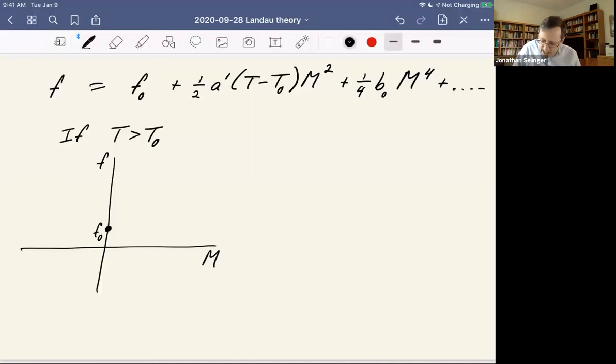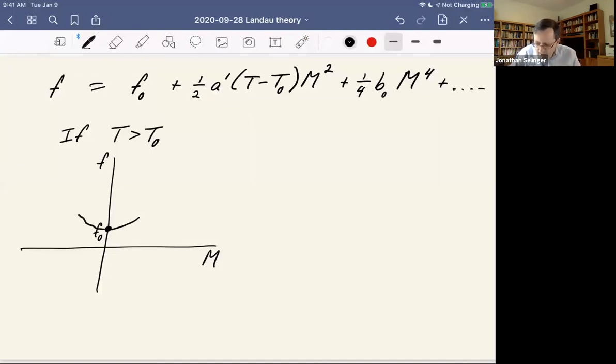And then when M is small, this quadratic term shows the leading behavior, the change in the free energy. So this will be going up like a parabola.